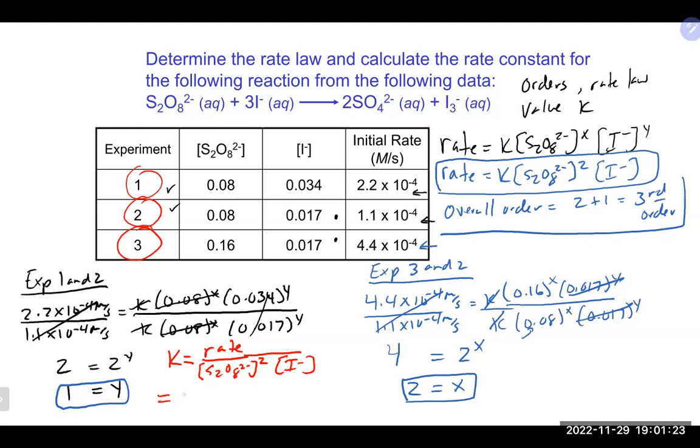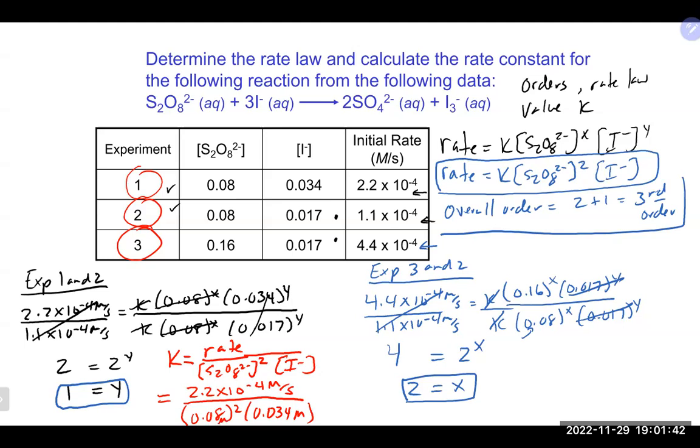And when I do that, I will have 2.2 times 10 to the minus 4 molar per second divided by our 0.08 squared and our 0.034 molar. And that should have a molar in there as well.